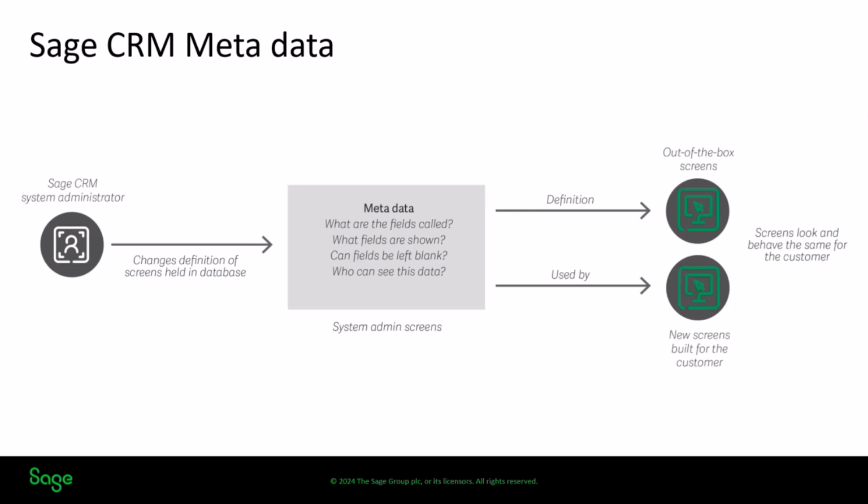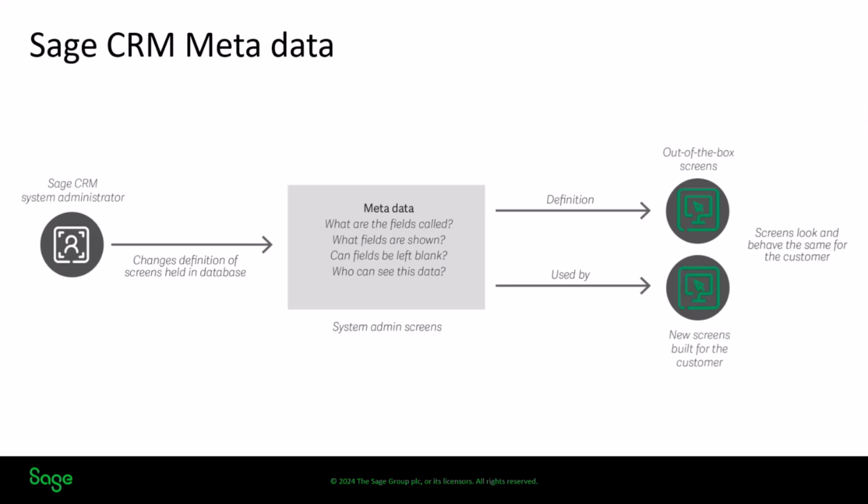So we think about the position of fields on individual screens, the behavior, the sortability, the presence of captions, etc. on columns. So these are, if you like, the more obvious metadata choices, but just about everything, including which tables are available and how you connect to a database, these are all configurable options stored in metadata within Sage CRM's own database.